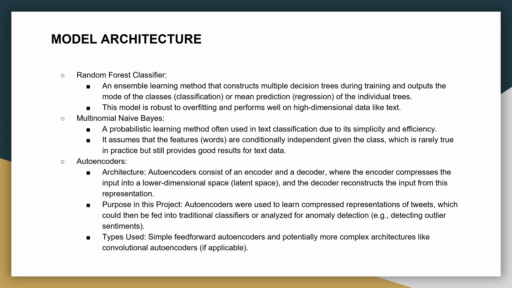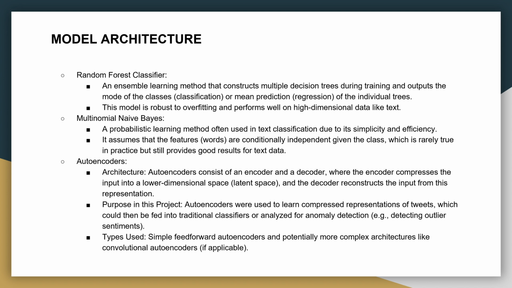Next is autoencoders. Lastly, we experimented with autoencoders, which are neural networks designed to efficiently encode the input data. The architecture consists of an encoder that compresses the input data into a lower dimensional space, or latent space, and a decoder that reconstructs the input from the compressed representations. In our project, autoencoders were used to learn compressed representations of tweets.